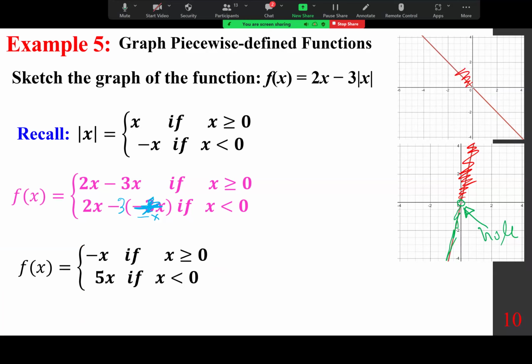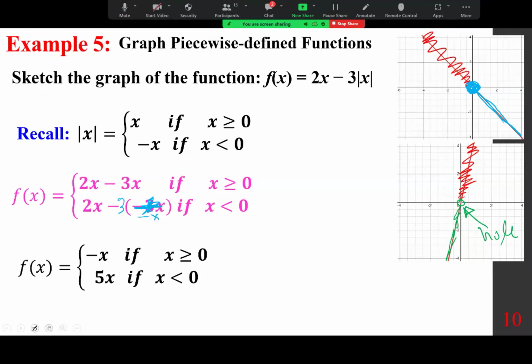This portion is out. This portion is the graph with this being a solid point because of the equality.